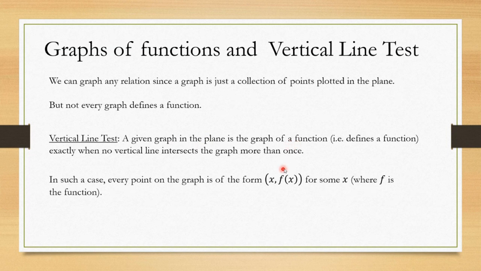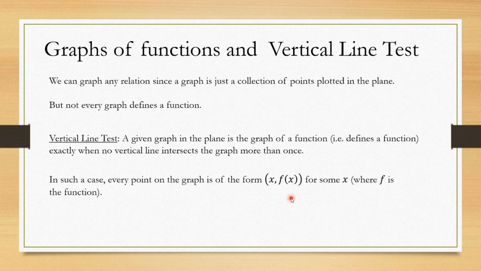In other words, in such a case, every point on the graph you could think of as giving you function outputs. In other words, every point on the graph looks like this, is of this form, where f is that function. So f, I'm just using that to denote the function. Okay? I mean, again, from the notation we did, you can use f, g, or h.